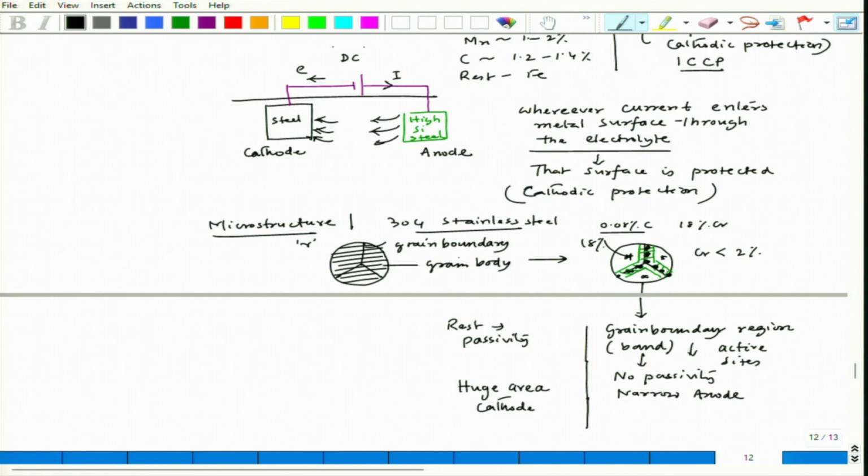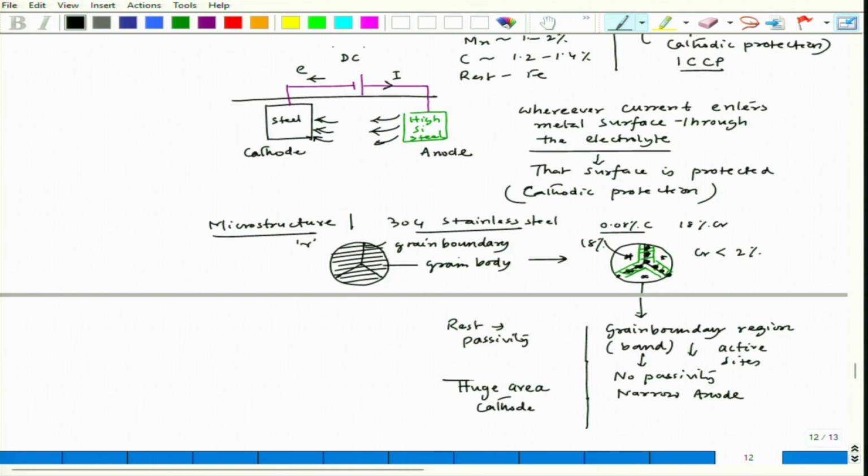And we know from our earlier understanding that if you have a large cathode and small anode, then it is a very bad condition, and that condition might lead to a severe dissolution of that narrow anode region. Okay.